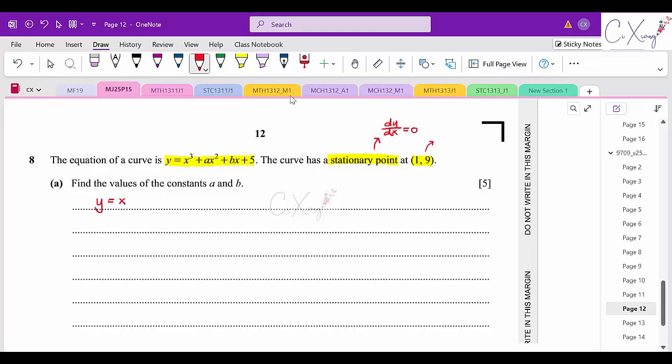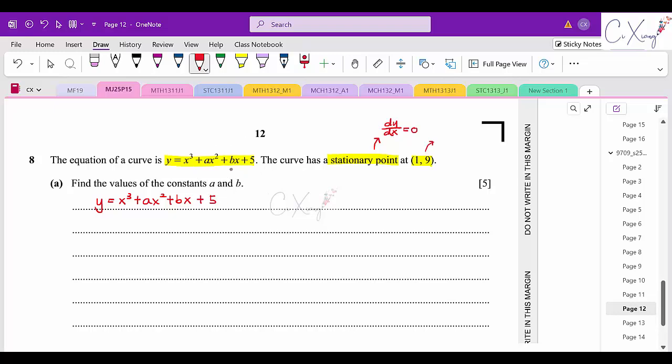Okay. For this question, they want us to find the values of a and b. So let us start. We have two constants here, the a and b. To get the values of a and b, very likely you need to have two equations. And then after that, you have to solve them simultaneously. So let us form the first equation here. We have the passing point 1, 9 on the curve.